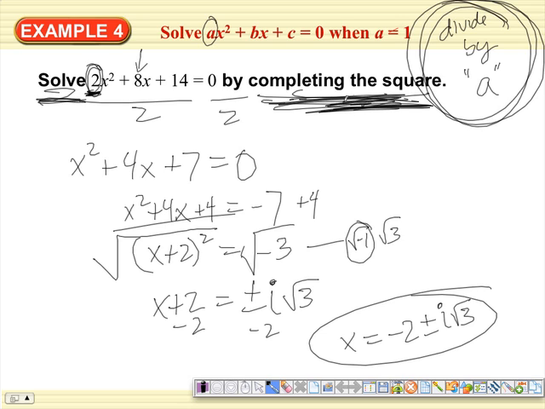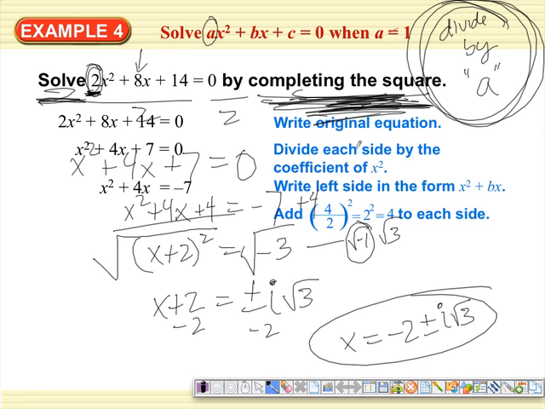But you can always do this. So if you understand this right here and you can't factor, you can try this all the time. Or what's the other one that you can use all the time? Quadratic formula. All the time. Always. I actually like this better than the quadratic formula, but you can choose that later. Alright, so example 4. Solve when you have an A there.